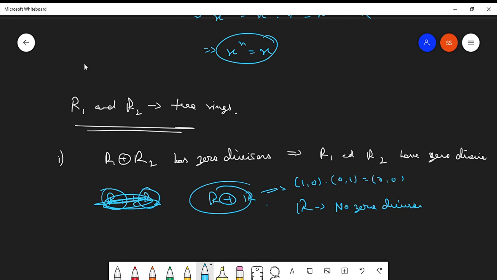So R ⊕ R has zero divisors, (1, 0) and (0, 1), but R individually has no zero divisor. So this is not always correct. This is a false statement.